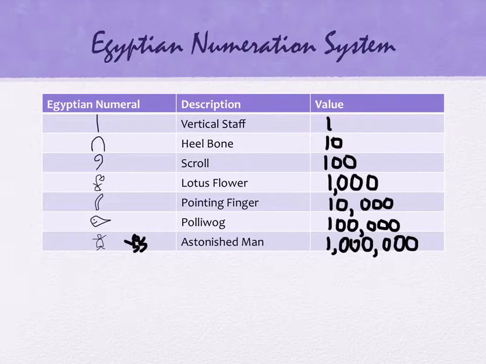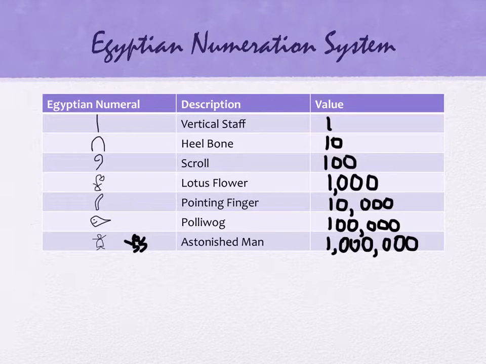I just don't want you to see something different on the internet and think she doesn't know what she's talking about. They come across in different ways. In particular, the astonished man and the lotus flower look slightly different, and those are the two that are more complicated to draw, so it makes sense that they would have different pictures.